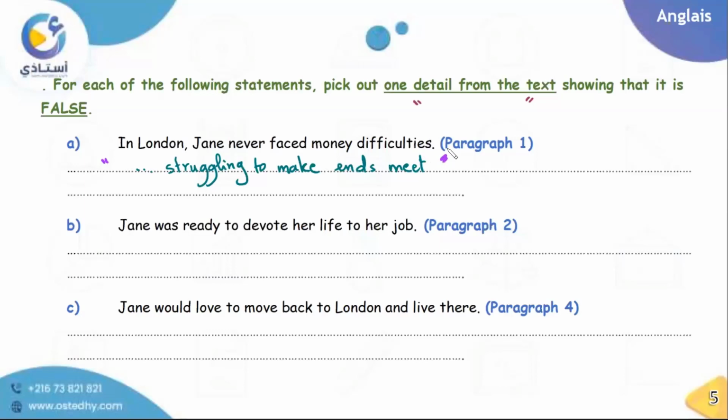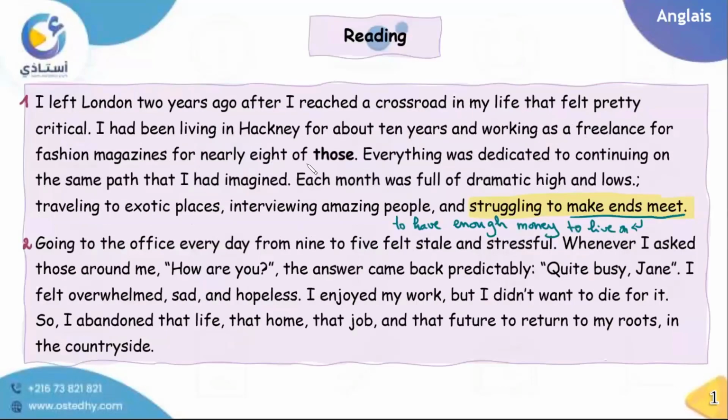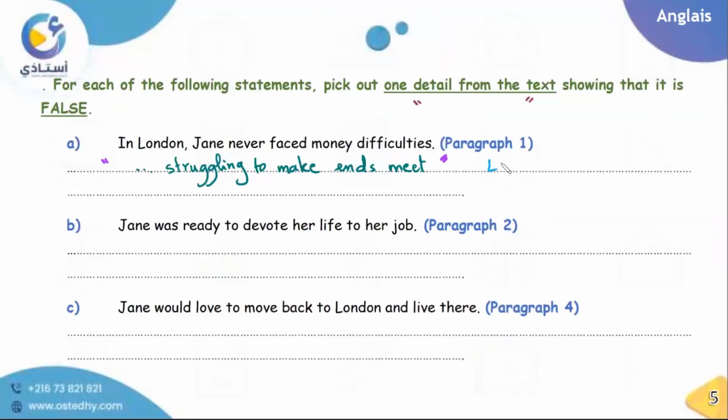If you have a test, you need to write the whole sentence, meaning from the beginning of the sentence till the end. But mainly, you need to know that this is the sentence that corrects it. It starts from struggling. Okay, this is 1. So this is in line 3.